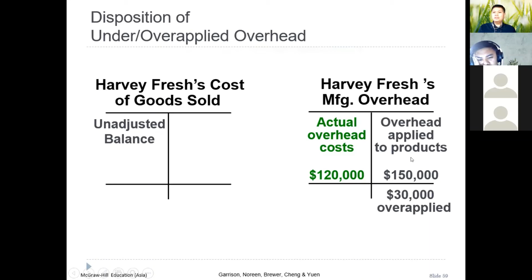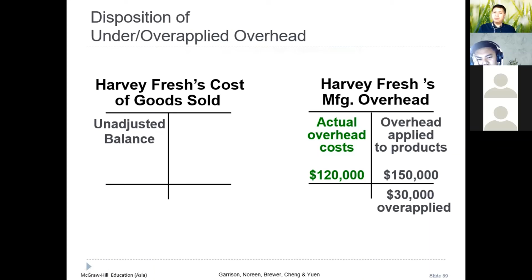The entry to apply overhead is to debit work in process, credit manufacturing overhead. So nandito siya sa credit, no? Yung overhead applied.